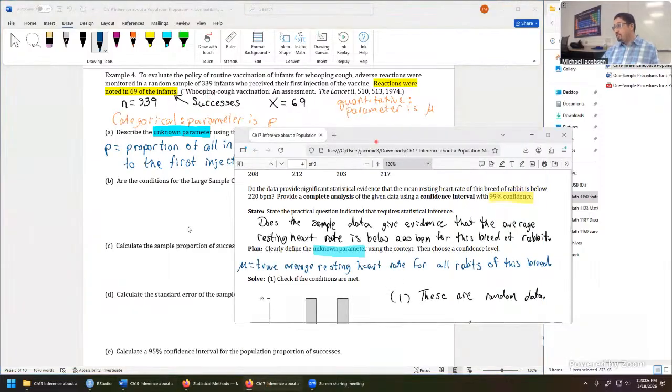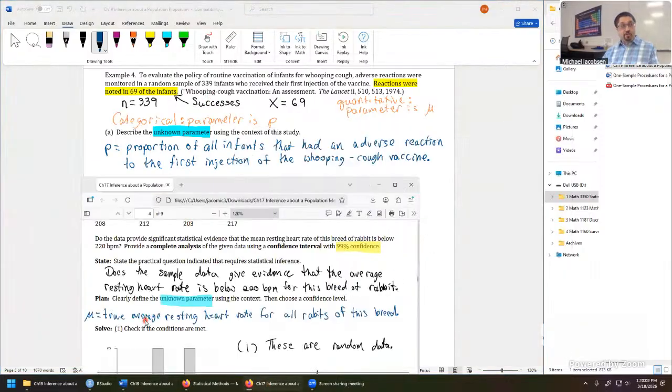When we did this as a chapter 17 problem, we had to say average somewhere. We had to indicate that we're talking about a population, and all is a good way to say that, or we could just say the population average to really emphasize it. Here we said all infants, so we're talking about the population. For the quantitative data, we had to say average of what? What is the unit? What are we really measuring? So on this problem, we said average resting heart rate.